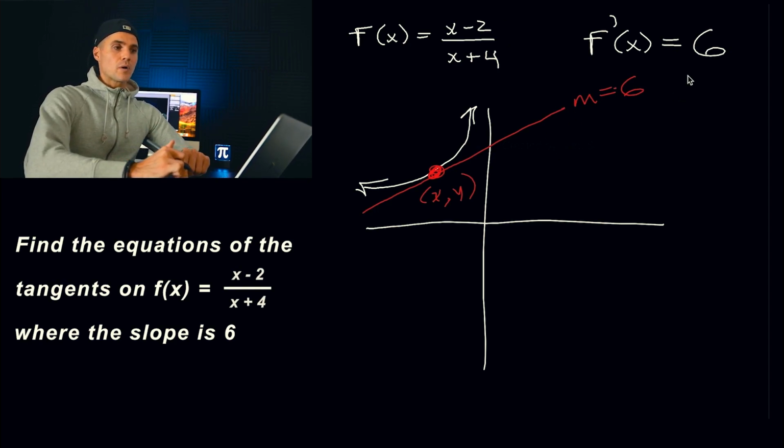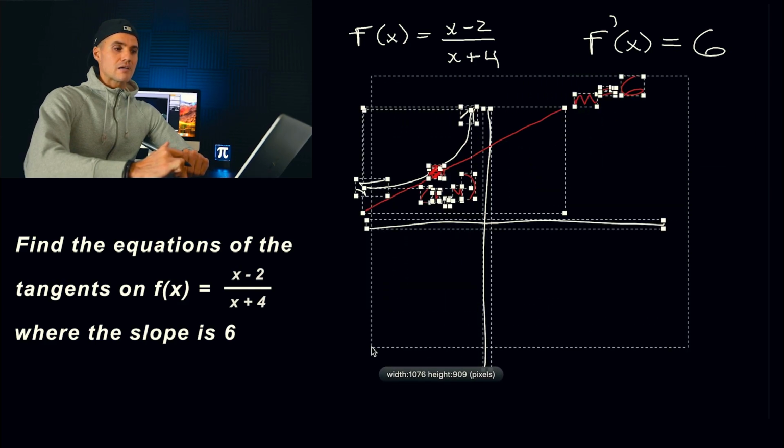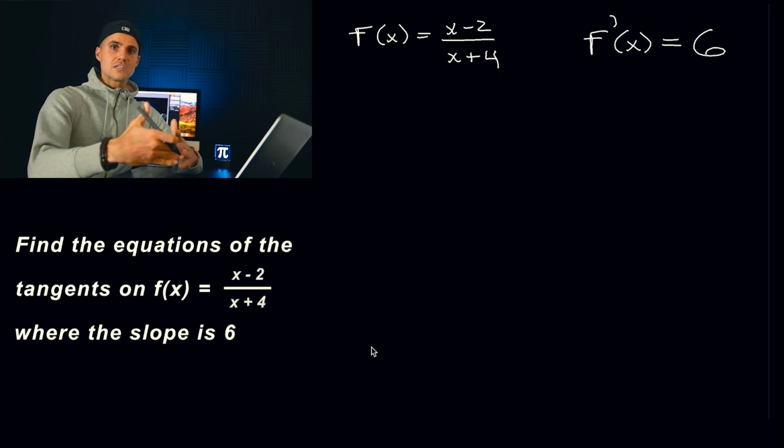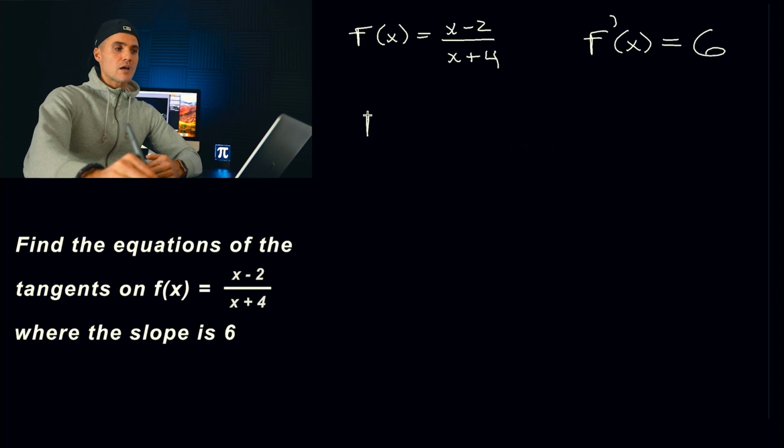The way we want to find those coordinates is by finding when the derivative is going to equal 6. So the first thing we've got to do is find out what the derivative of this function is going to be. Notice it's a rational function, so I'm going to use the quotient rule.